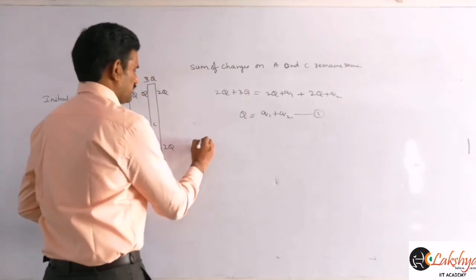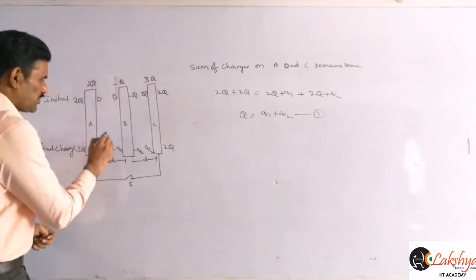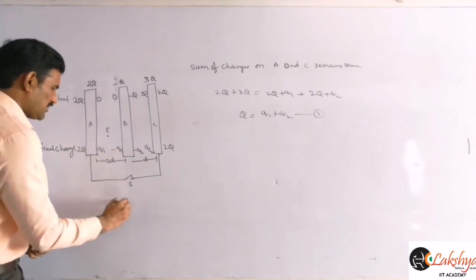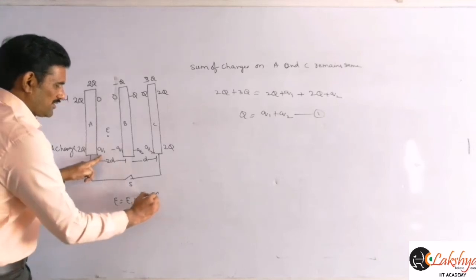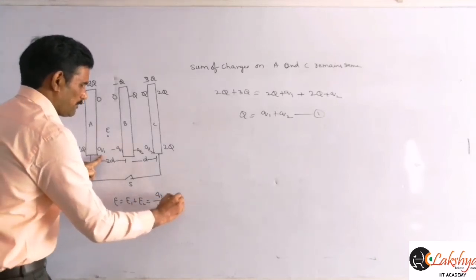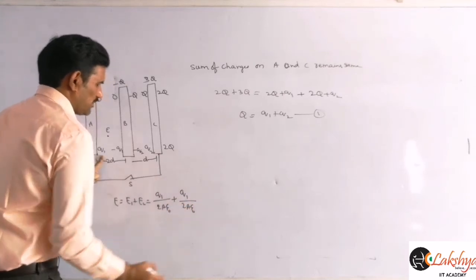So now I am doing this calculation here, because the field at this point, if I want to write, E is equal to E1 plus E2. Now E1 is Q1 by 2A epsilon naught plus Q1 by 2A epsilon naught, right?